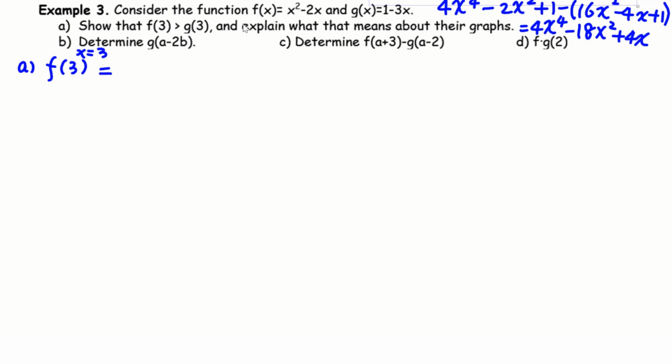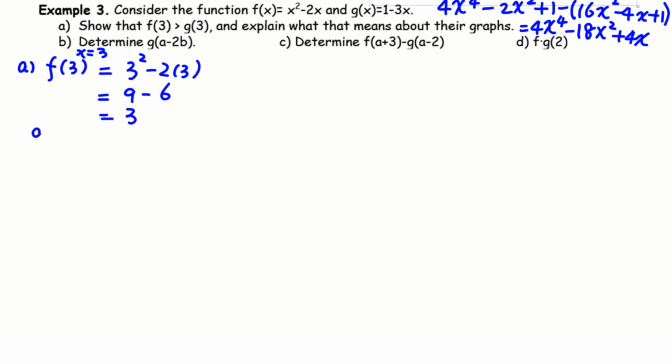So 3 squared minus 2 times 3. Then you have 9 minus 6. So multiplication, do it first before subtraction, is 3.